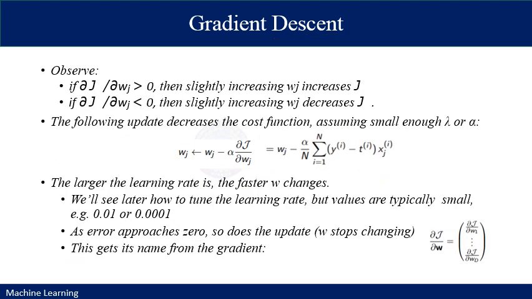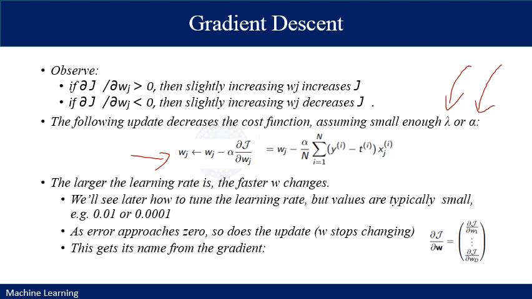So here you observe the same value, which is the partial derivative of the loss function or the cost function, and if that is greater than 0, then if you slightly increase the weights, it will increase the cost, and if it is less than 0, then if you slightly increase the weight, it will decrease the cost function. So the following update decreases the cost function, assuming a small enough learning rate, and the learning rate is often signified as lambda or alpha.